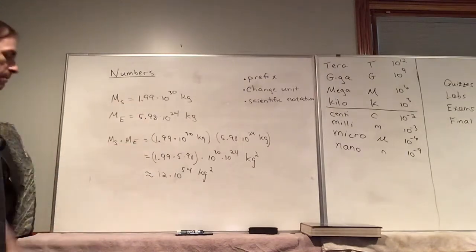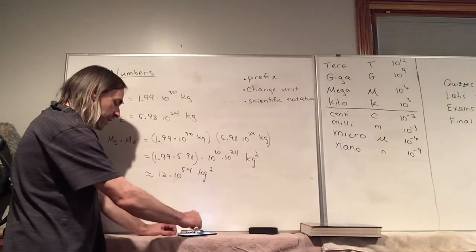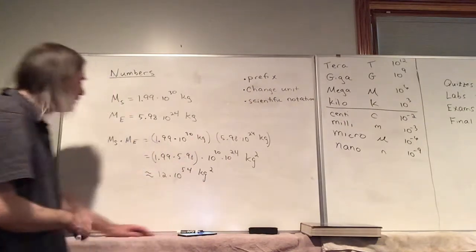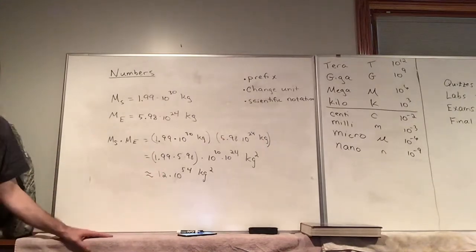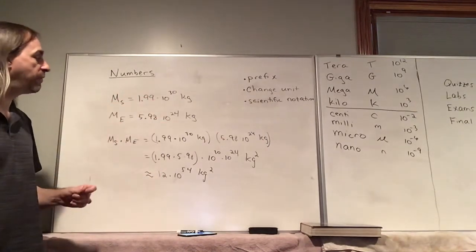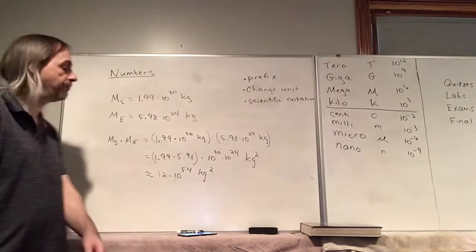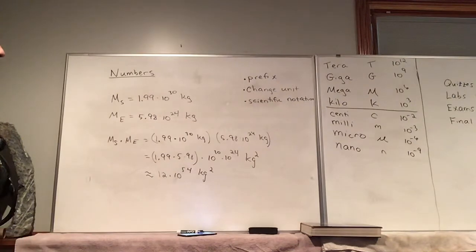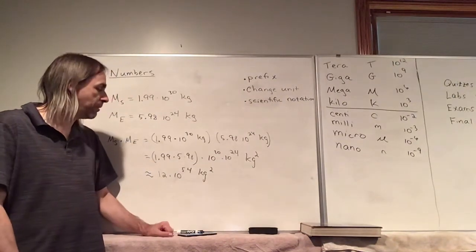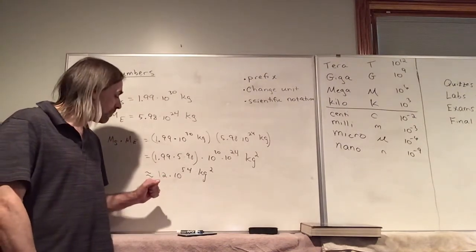Let me just do that. 5.98 times 1.99, yeah, it's 11.9, but we can round that off to 12. And then 10 to the 30th times 10 to the 24th, you get 10 to the 54th, and done. So it's very, very nice to work with calculations in scientific notation. That's a great advantage to it.